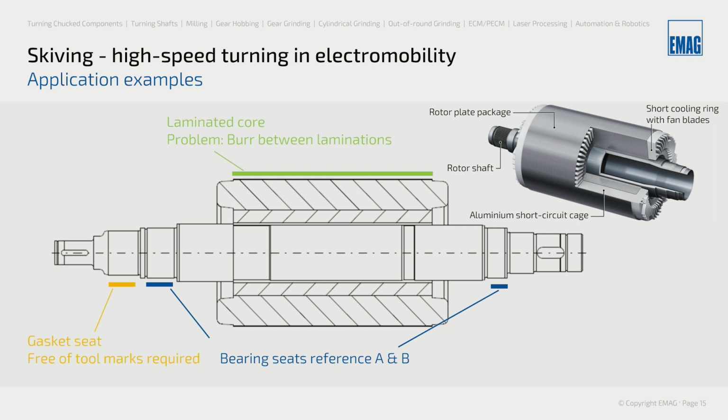Now we see a rotor package. We have seen a similar shaft before, and now we have to look for the rotor package. It's always a laminated core, and we have to avoid the burrs between the laminations.